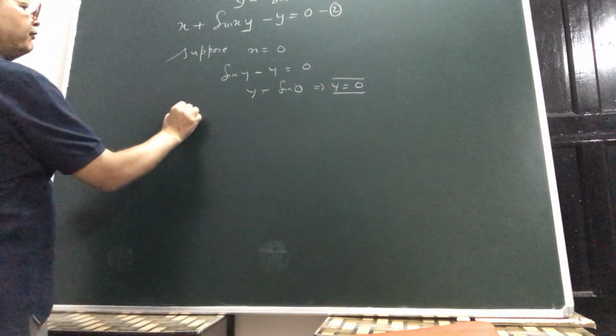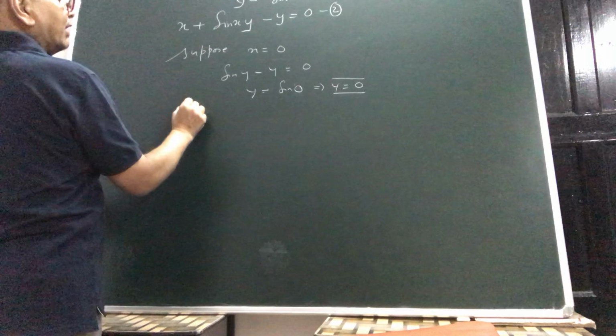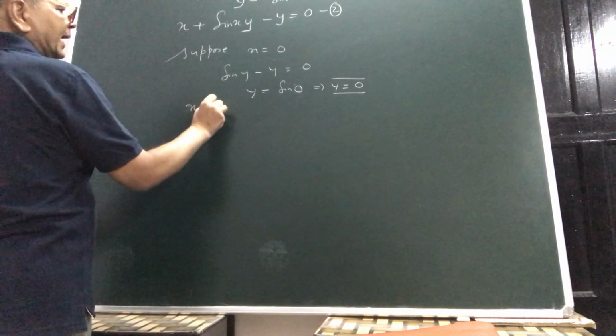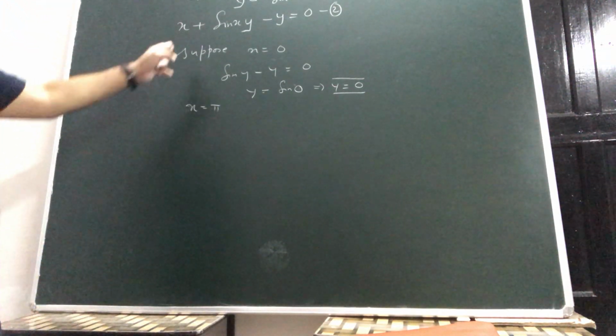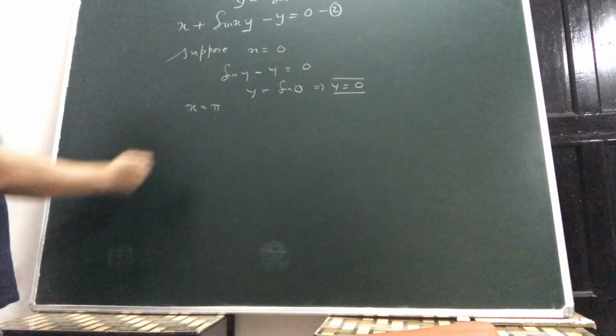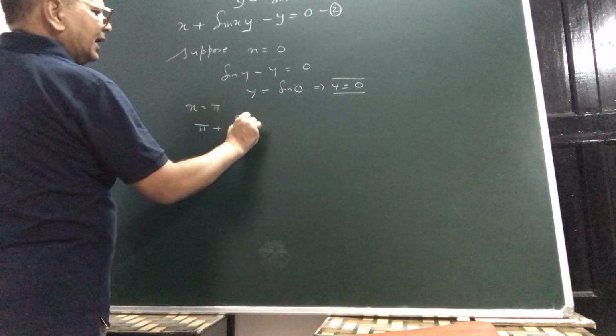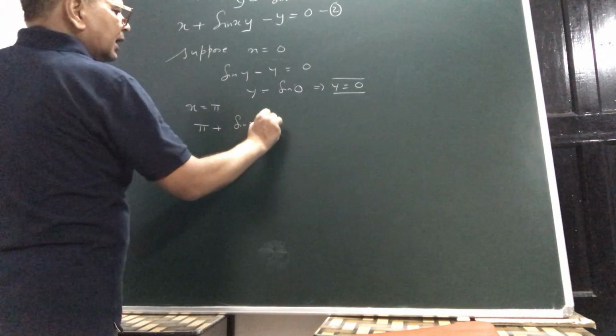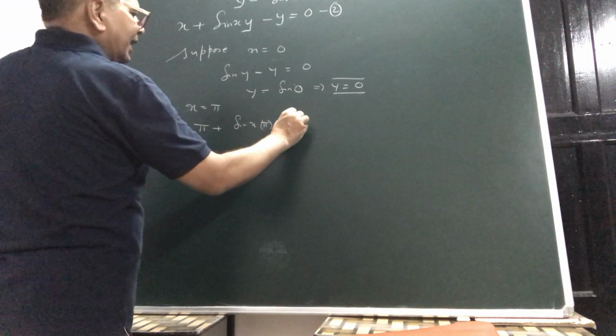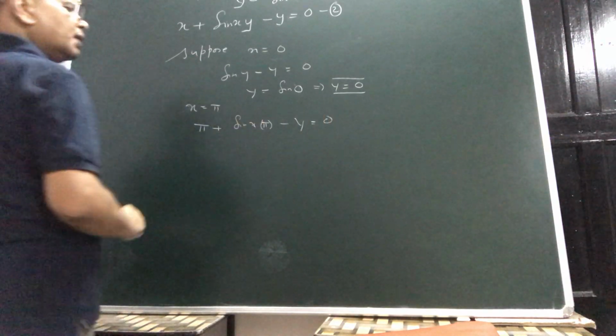Now see, if in this equation I put x is equal to say pi, then let us see what the value will be. Then I will get pi plus sine x y, that is sine pi y, minus y is equal to 0.